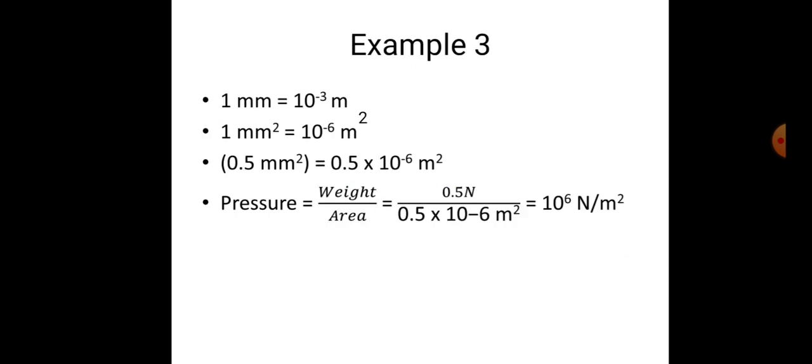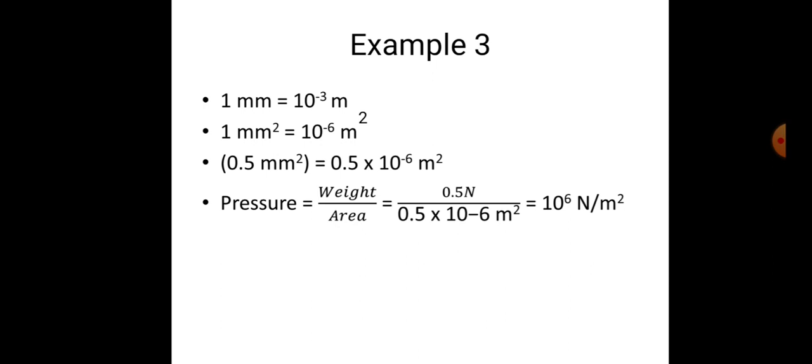1 millimeter is equal to 10 raised to minus 3 meter, and 1 millimeter square is equal to 10 raised to minus 6 meter square. 0.5 millimeter square is equal to 0.5 multiplied by 10 raised to minus 6 meter square. Now is it clear to you how millimeter square has been converted into meter square? Pressure is equal to weight upon area.